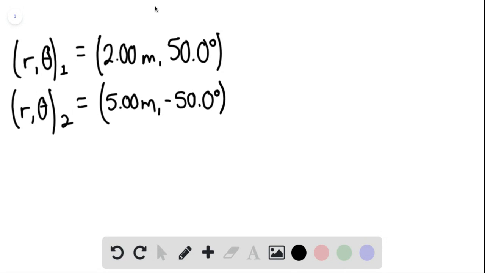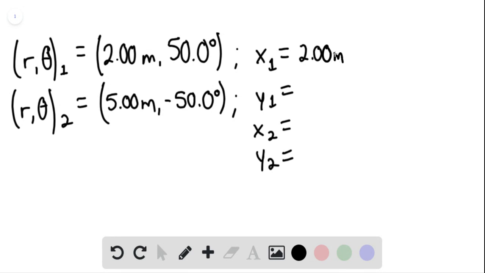So we can then say that our x sub 1, y sub 1, x sub 2, y sub 2. X sub 1 would be our r, 2.00 meters. For our x sub 1, it would be cosine of 50 degrees.